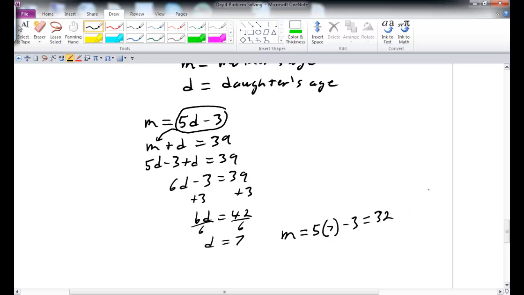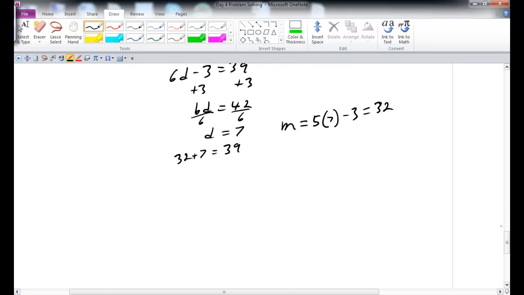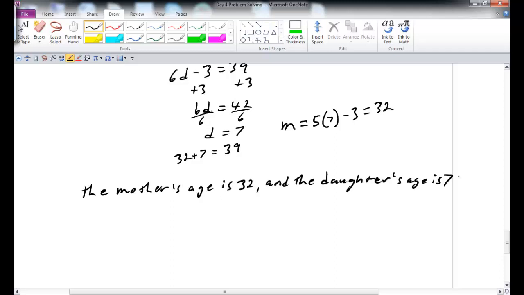Now we could check the sum of the two of them was 39, and 32 plus 7 does equal 39. And we know we've done it correctly. We write a sentence answer. Mother's age is 32, and the daughter's age is 7. Now you try the worksheet.